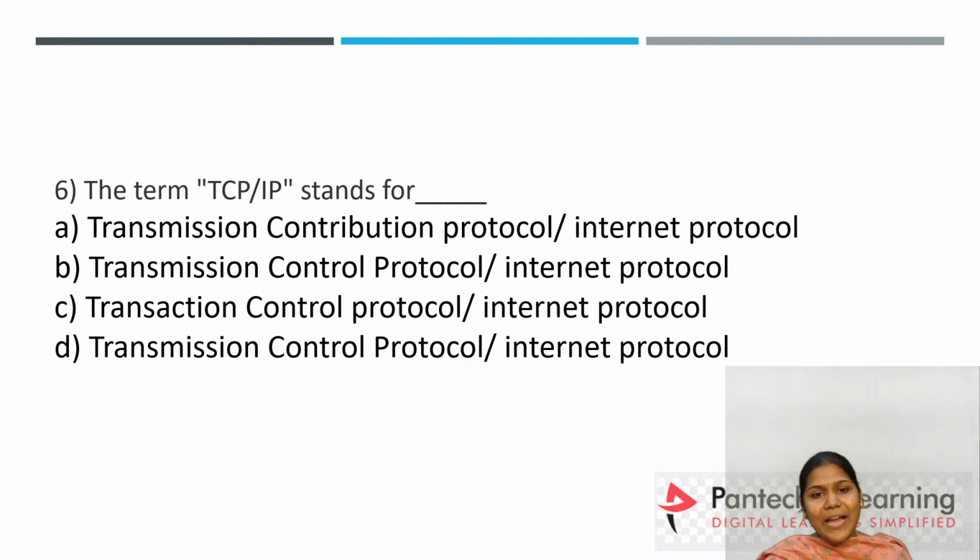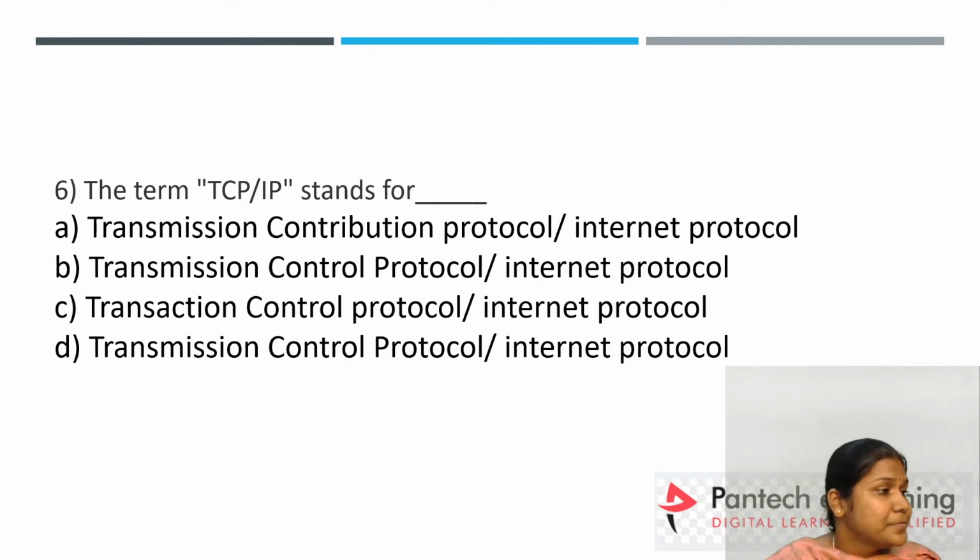The term TCP/IP stands for... IP protocols, right? So what is this TCP/IP protocol? Does it stand for Transmission Contribution Protocol or Internet Protocol, Transmission Control Protocol or Internet Protocol, Transaction Control Protocol or Internet Protocol, or Transmission Control Protocol or Internet Protocol?